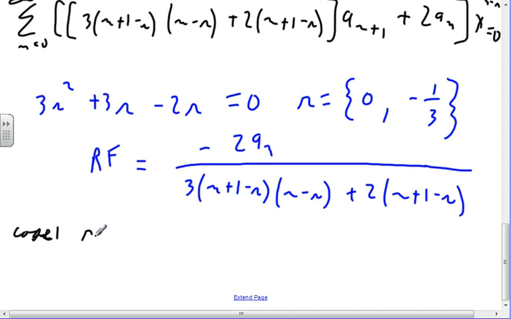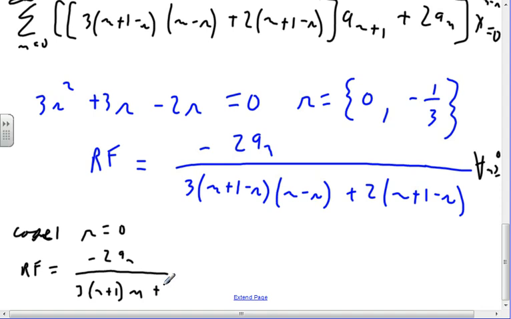Case 1, r is equal to 0. In that case, I have a recurrence formula, and this recurrence formula is for all n greater than or equal to 0, because our summation starts at 0. So when r is equal to 0, an plus 1 equals minus 2an divided by 3 times n plus 1 times n, plus 2 times n plus 1.